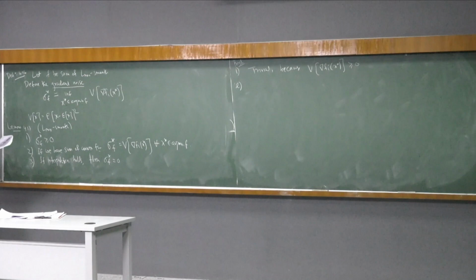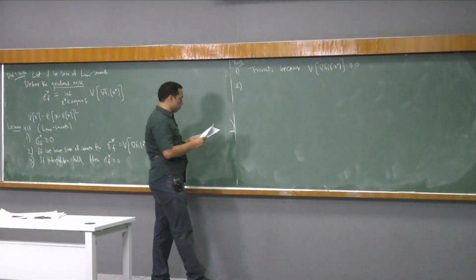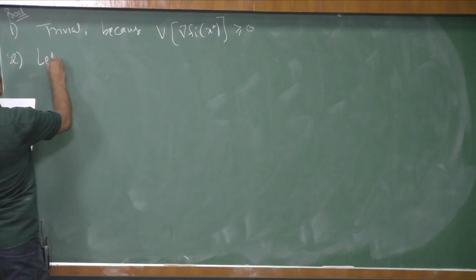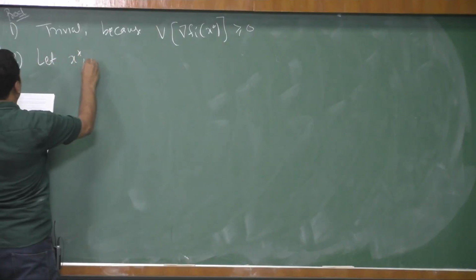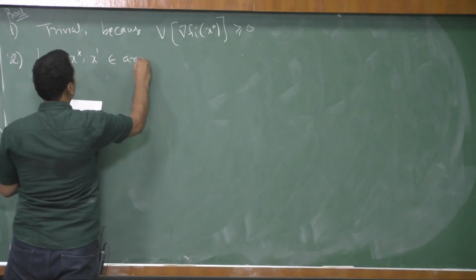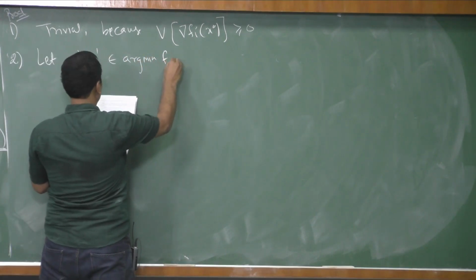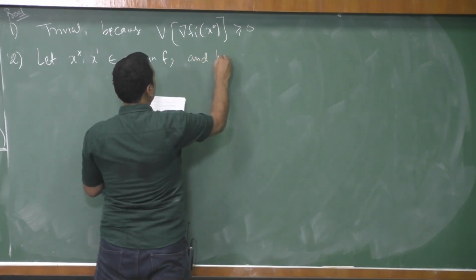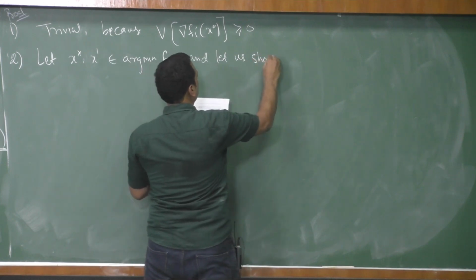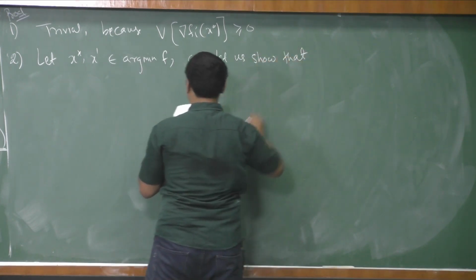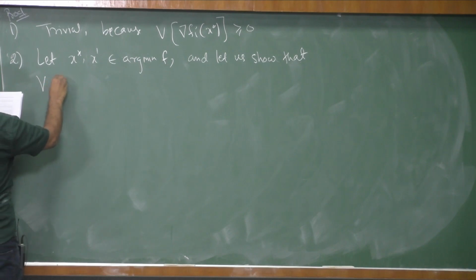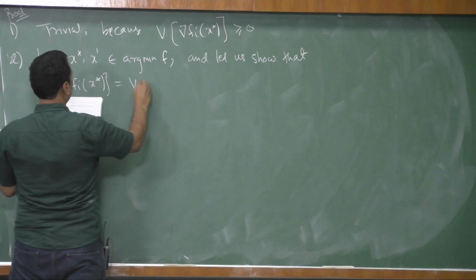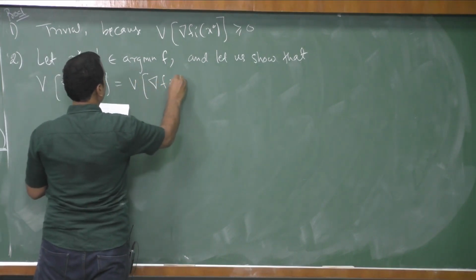So let us try to do this then. Let us assume that there are two minimizers. Okay, so let x star and x be in the arg min of f, and let us show that the variance of grad f_i at x star is the variance of grad f_i at x.